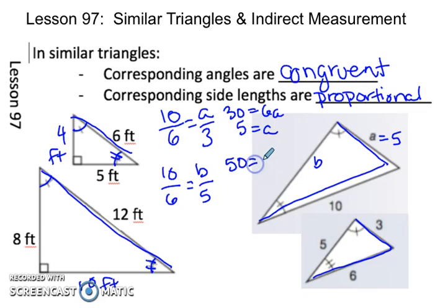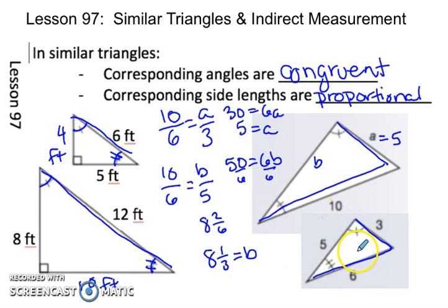And so you get 50 is equal to 6B. Divide by 6 on both sides. That one doesn't come out to a whole number, but that's okay. 6 goes into 50 8 times, and there's 2 left over, so you get 8 and 2/6, which is equal to 8 and 1/3, equal to my B.